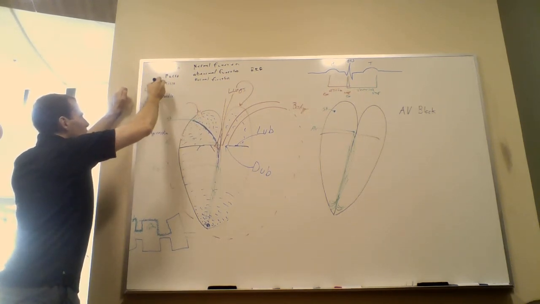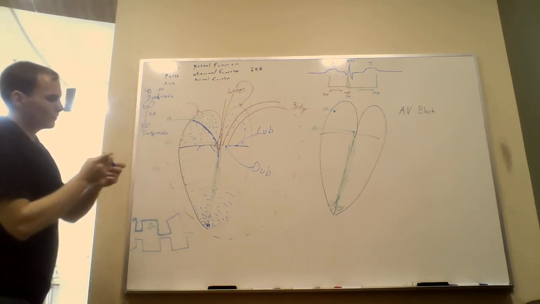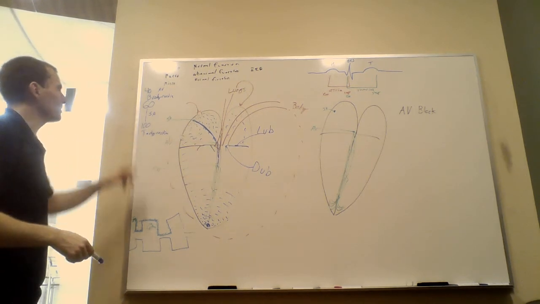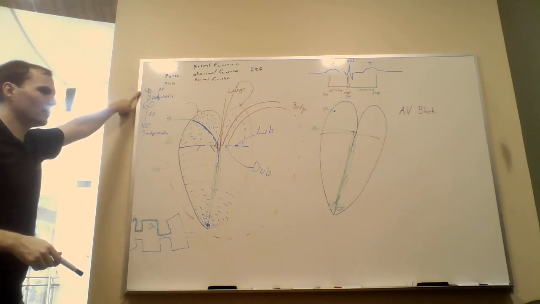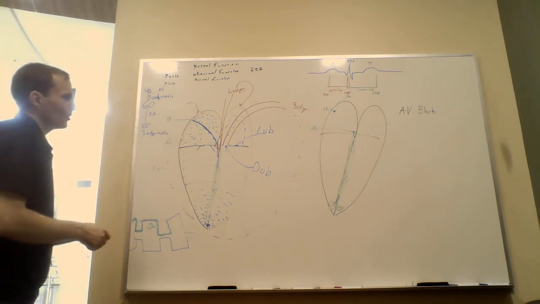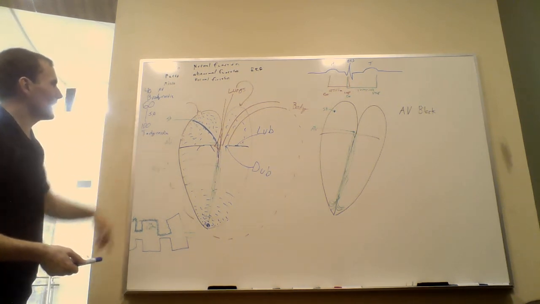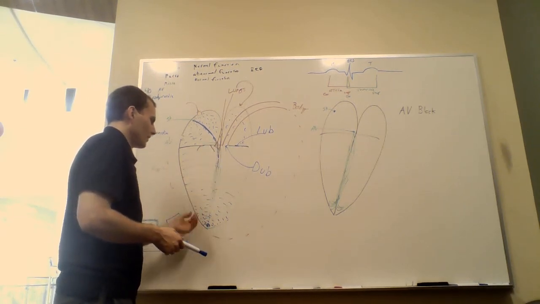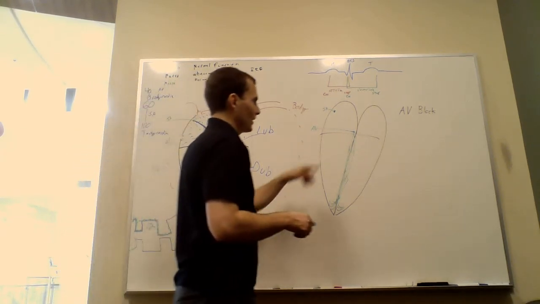Okay, and I have in the notes from Dr. Schmidt, we have a backup pacemaker behind the AV node. That's what we're referring to, and that's at 40 beats per minute. And so, if the SA node is broken, you have the AV node go, and it will send an impulse down the bundle of His and start the ventricles contracting.